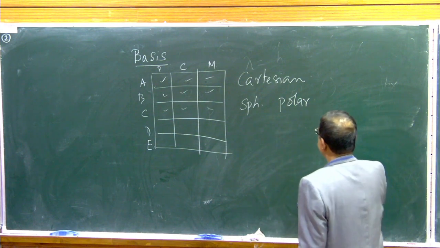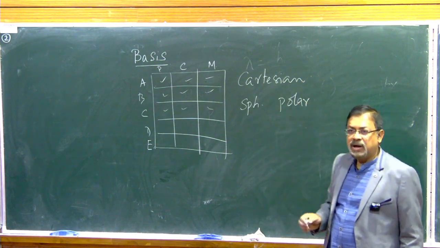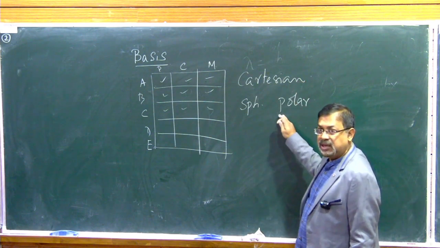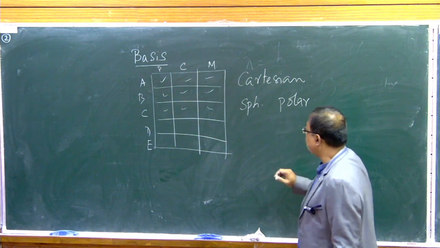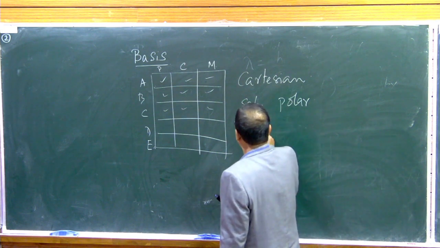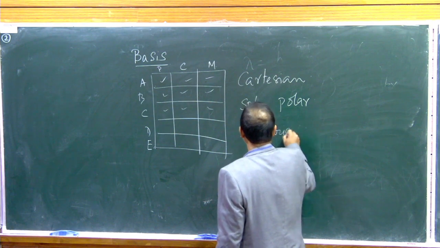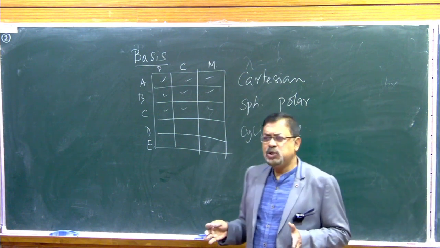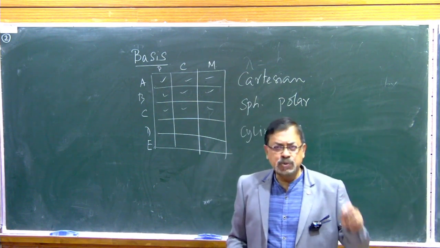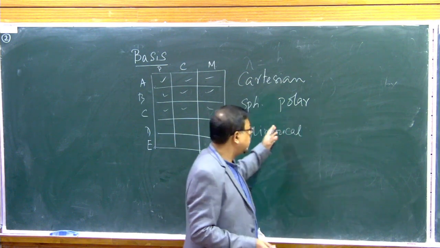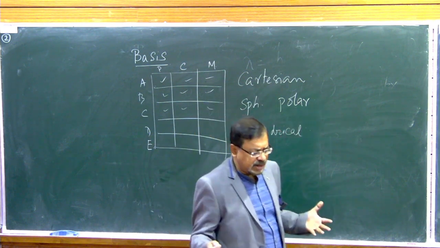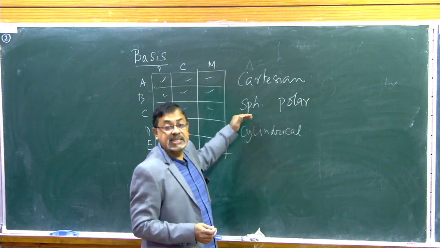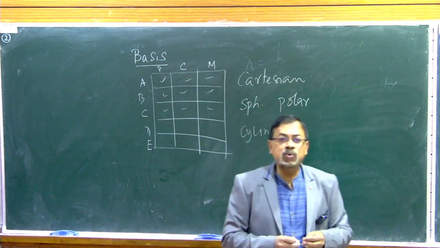There's a very important difference: the unit vectors are constant in the Cartesian frame, whereas they are not in the spherical polar or the cylindrical. So they vary in space, and we have been able to write down a transformation relation between the unit vectors corresponding to the Cartesian coordinates and the spherical polar or cylindrical, or cylindrical to spherical, and so forth. So these are individual bases that we have used in order to write down a vector.